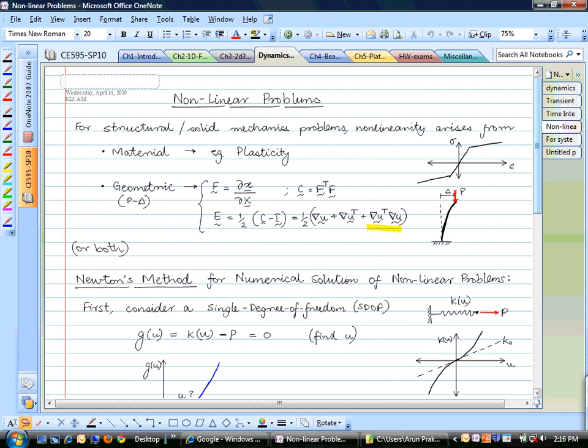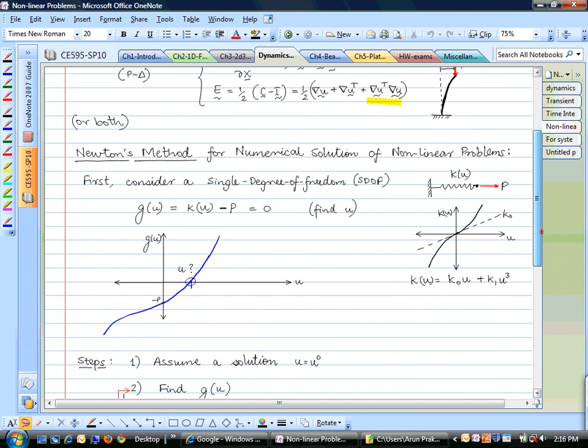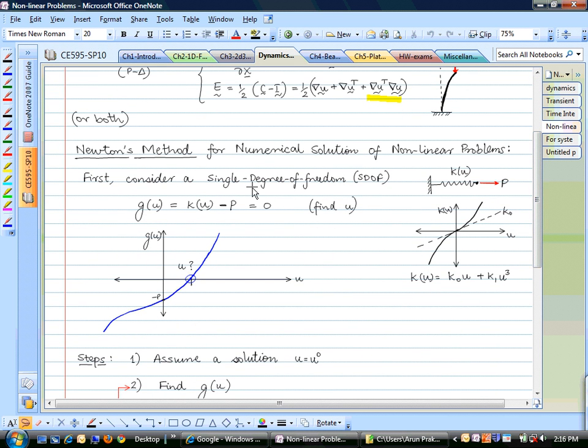Just to give you an idea of what this Newton method does, we'll consider a single degree of freedom, just one spring, but that spring does not have a constant K. The stiffness of the spring depends upon the actual displacement. Let's say that the spring behavior is something like this.